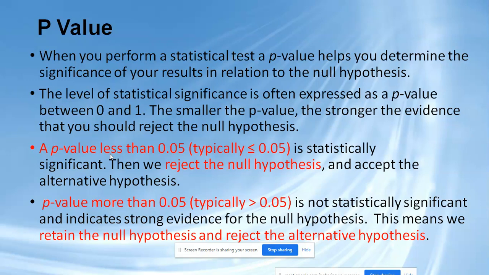So whenever your p-value is less than 0.05, we reject the null hypothesis and accept the alternative hypothesis. This is how we should interpret the p-value. And if your p-value is more than 0.05, it means it is not statistically significant. For example, if your p-value is 0.06, 0.07, 0.1, 0.12, it means your result is not statistically significant and it indicates strong evidence for the null hypothesis.